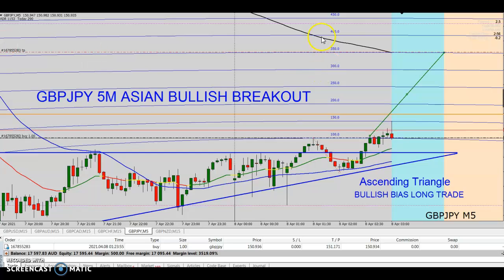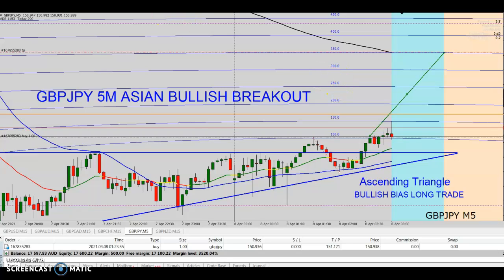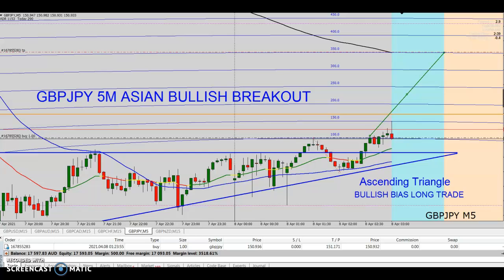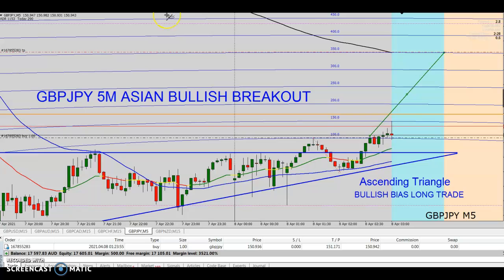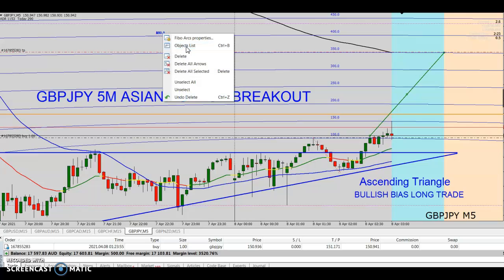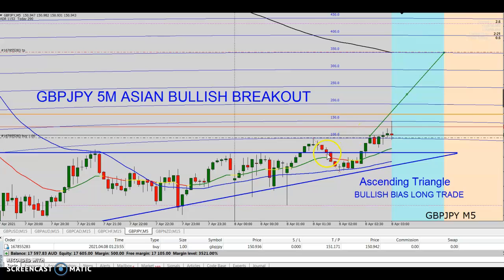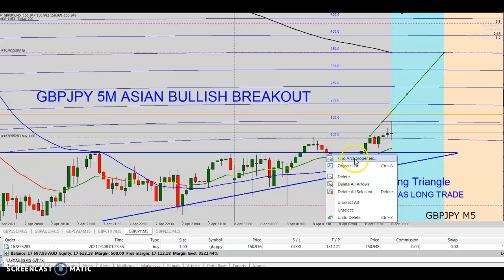But also here is my 200 SMA. But I also used a Fibonacci extension indicator, and I customized it, and what I did was bring over the Fibo arc to my top toolbar.